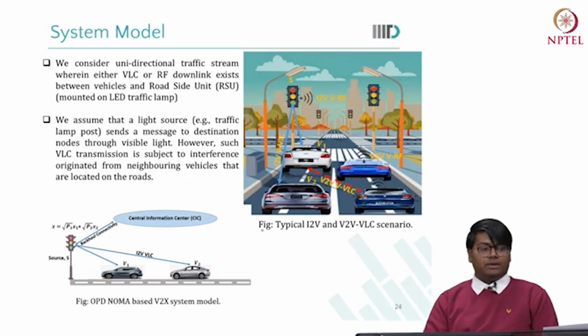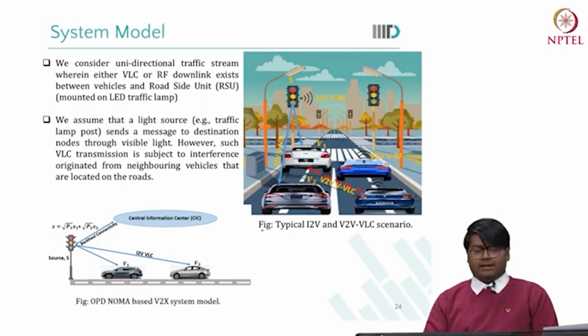Now we assume that the light source, which can be a traffic lamp post, sends a message to the destination nodes through the visible light. However, such VLC transmissions are subject to interferences originating from the neighboring vehicles.